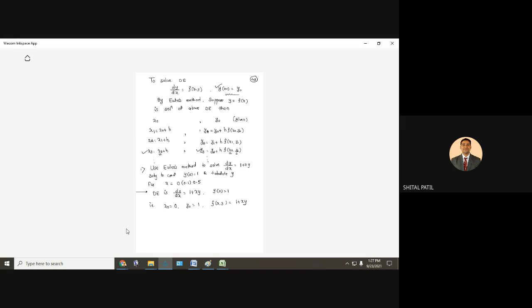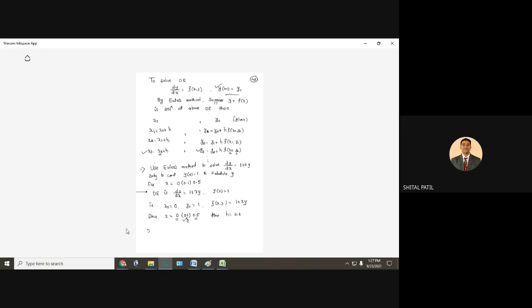We want to understand the meaning of this. See, we want to find the values of y corresponding to x equal to 0 to x equal to 0.5. But what is the increment in x? 0.1. So what is h? 0.1. This is the value of h. Is everyone getting it?